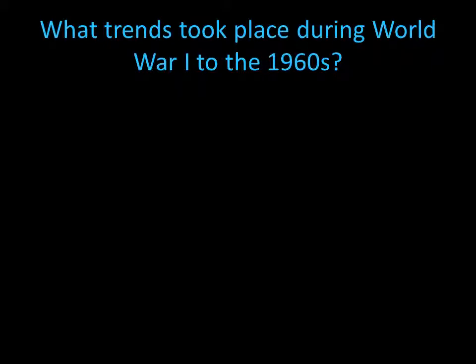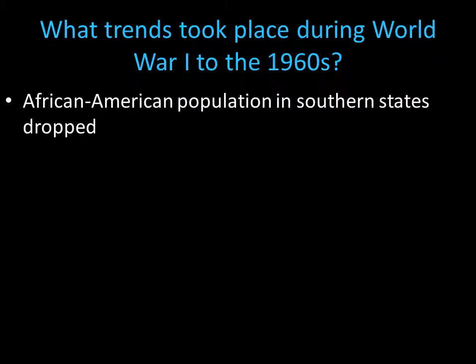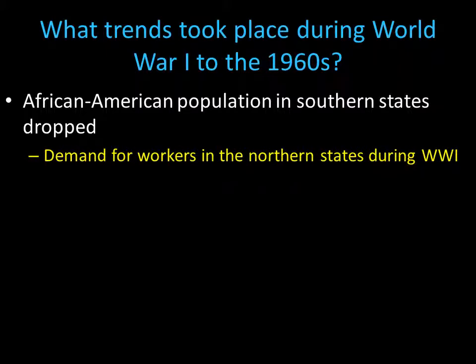And World War I was fought in the 19-teens up into the 1960s. Now, this is when we're going to see a large migration of African Americans out of the South. The African American population in the southern states is going to drop between World War I and the 1960s.